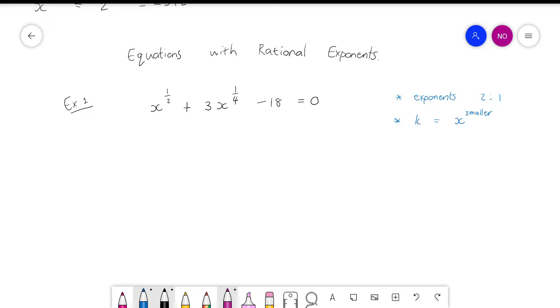So wat ook al die kleiner een is van die twee. So tussen 'n half en 'n kwart, wat is die kleinste? 'n Kwart, né? Nee? Partykeer raak ons nie mekaar omdat 4 groter is as 2. So I'm going to set k equal to x to the power of a quarter.